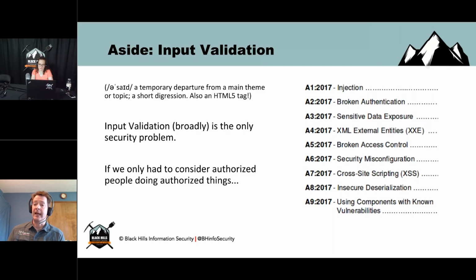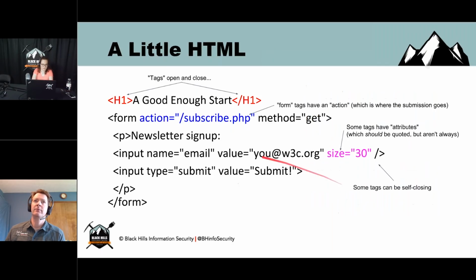And if you don't check that, you're going to have problems. Components with known vulnerabilities, that's like a catch-all, right? Because a vulnerability is one of those things. So input validation, when it comes down to it, is kind of all there is. Lots of different ways of it manifesting itself, but it's all input validation.